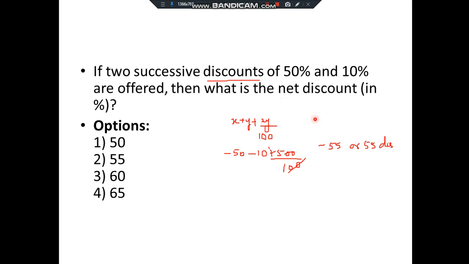So see, since it is discount, we have to use the minus symbol, right? So minus 50 minus 10 plus x into y, which is minus 50 into minus 10, which is plus 500, right? Divided by 100. So when you cancel, finally you get it as minus 55, which means a net discount of 55 is obtained. So 55 is the answer.